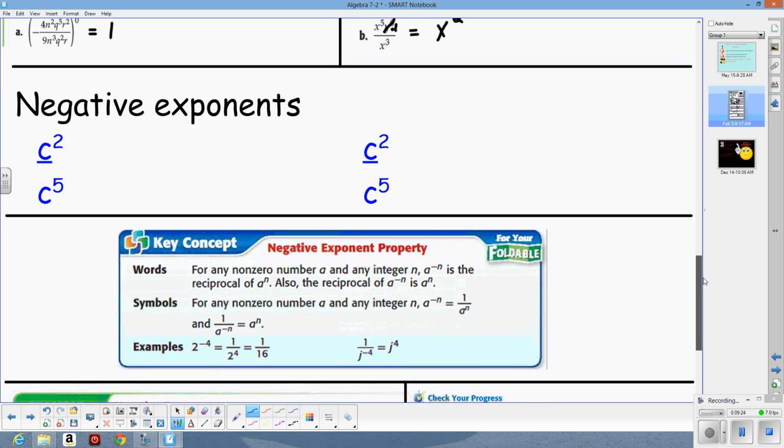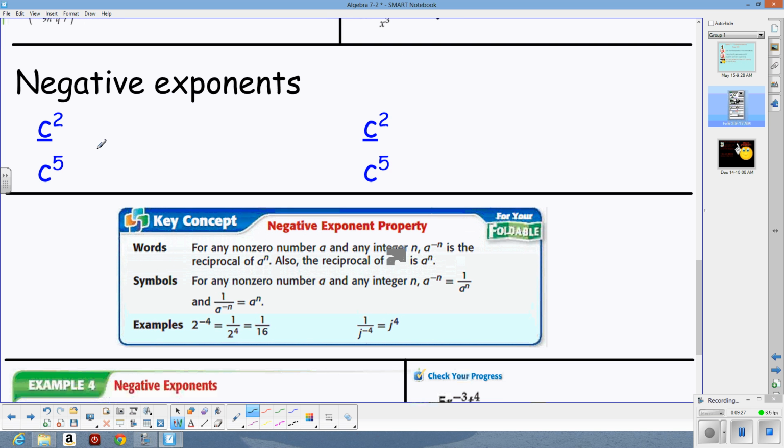Now the trickiest thing that we have left to talk about is negative exponents. Let's take a look at this right here. If I use my rule, I end up with c to the 2 minus 5 power, and 2 minus 5 is negative 3.